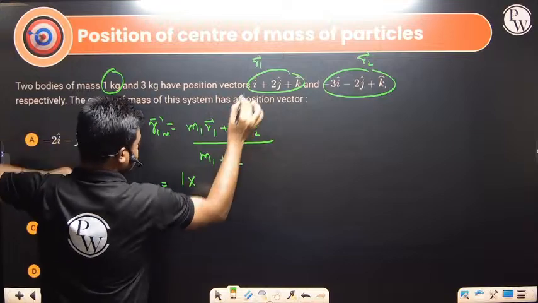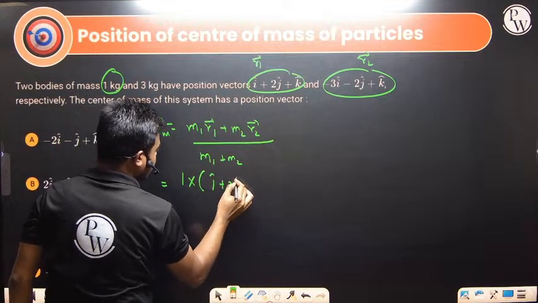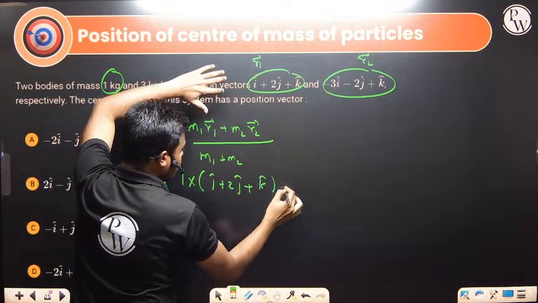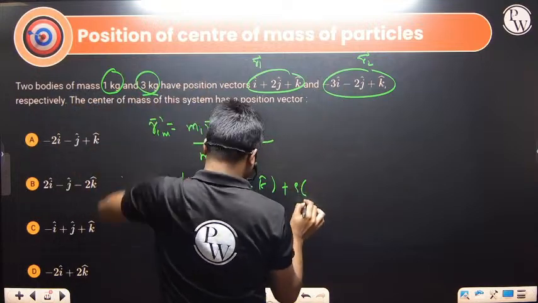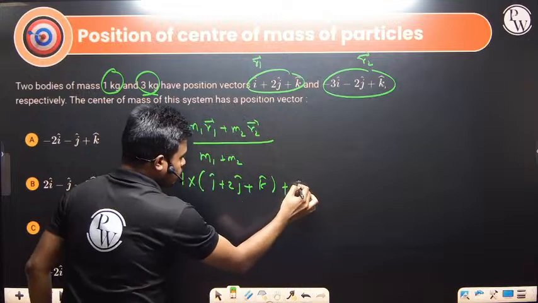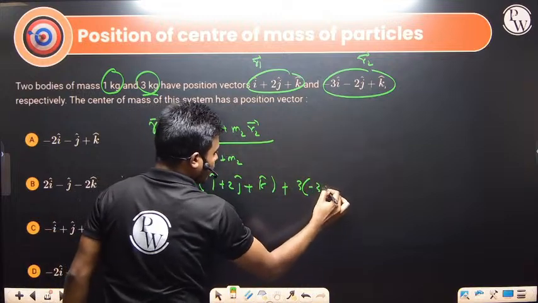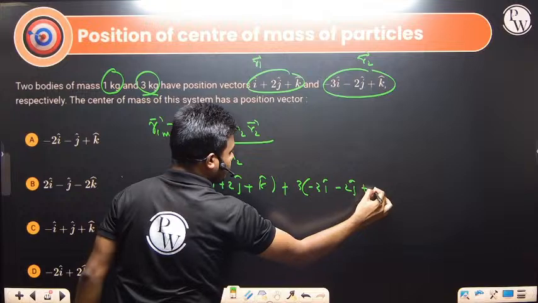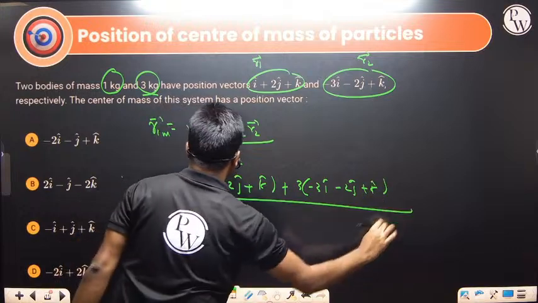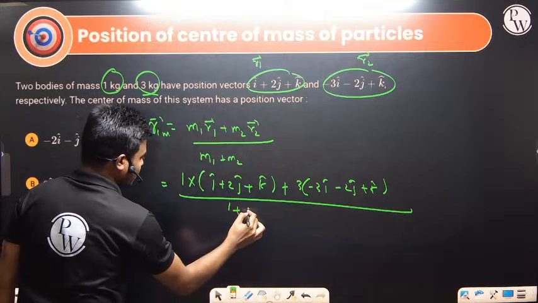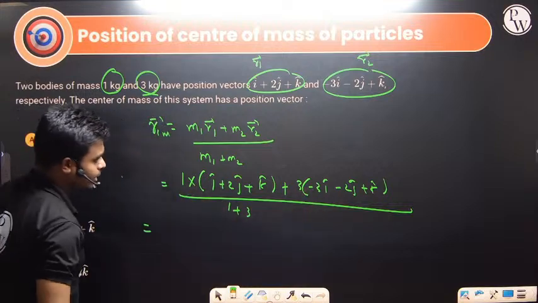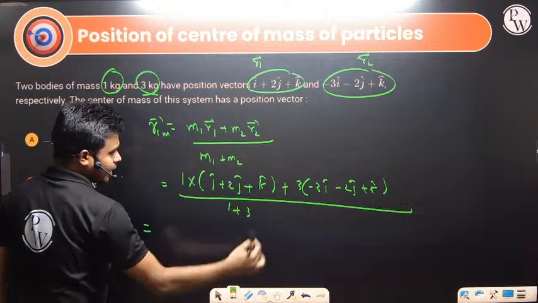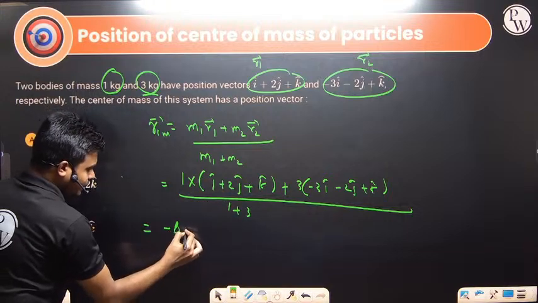So 1 into (i cap plus 2j cap plus k cap) plus, for the second mass of 3 kg, 3 into (minus 3i cap minus 2j cap plus k cap), divided by the total mass, which is 1 plus 3. Solving this: 3 into minus 3 is minus 9, minus 9 plus 1 is minus 8 i cap.